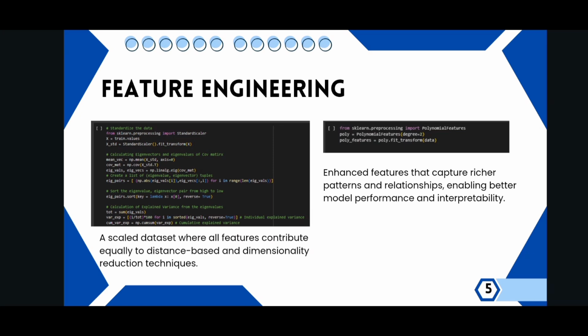Next is the confusion matrix visualization. Creating confusion matrices to visualize the true positives, true negatives, false positives, and false negatives for each class. Next are the ROC curves and AUC.